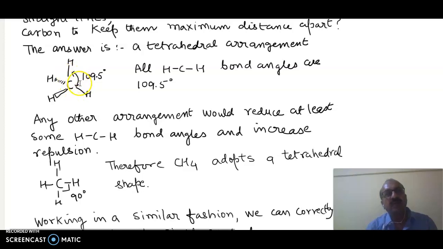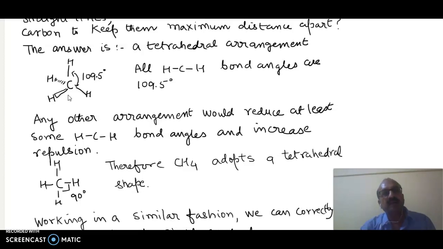This is a 109.5 degree angle, and these angles are exactly the same whether you consider this bond or this bond or any other bond. All the bond angles are approximately 109.5 degrees. This is the arrangement in which the electron pairs are maximum distance apart from each other.